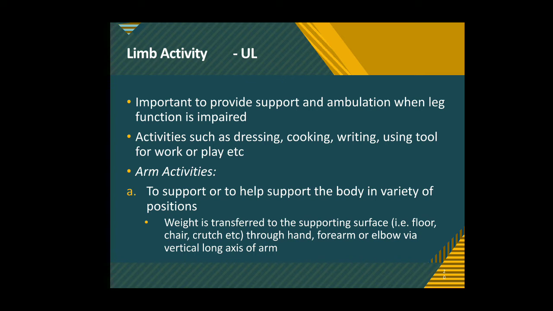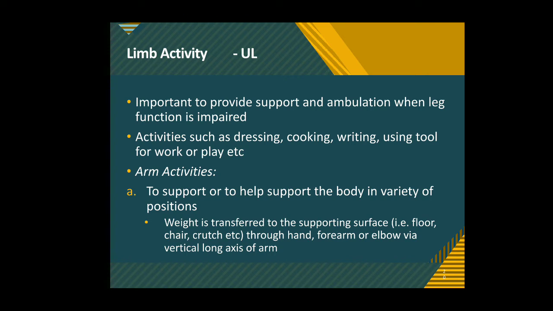of our upper limbs. Now arm activities, as we have learned with the lower limb, can be divided according to main functions. First, they help to support the body in a variety of positions, such as when the weight is transferred to the supporting surface through the hand or forearm or elbow via the vertical long axis of the arm.